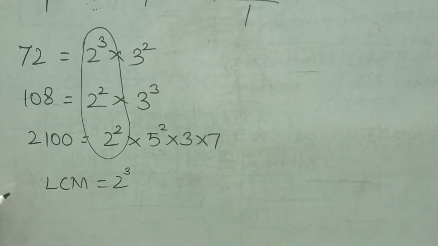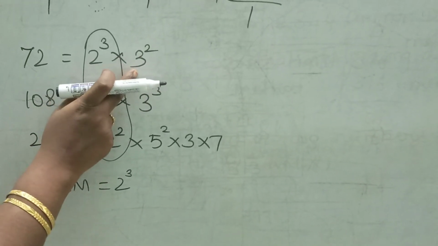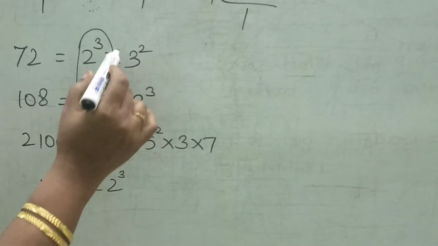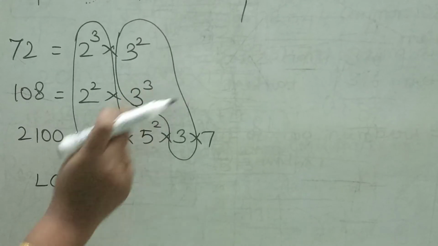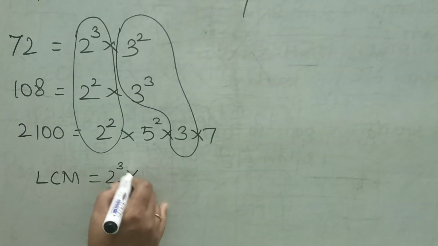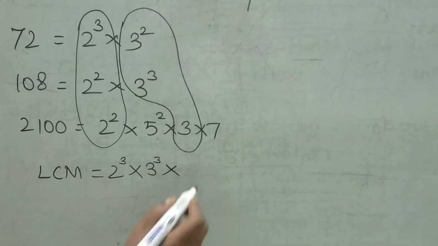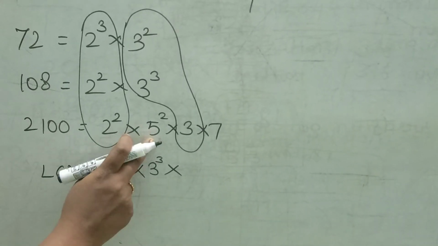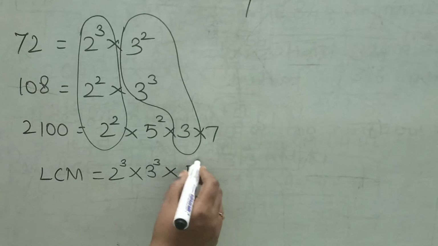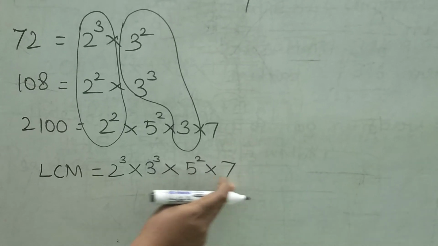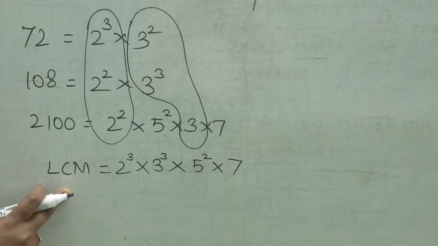Next we compare the powers of 3: 3 square, 3 cube, 3. 3 cube is the highest, therefore 3 cube is one of the LCM factors. Next, the left terms are 5 square and 7. Write 5 square and 7. The product of these numbers is the LCM.